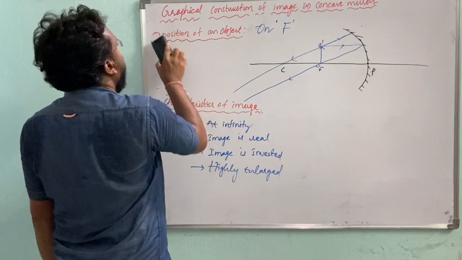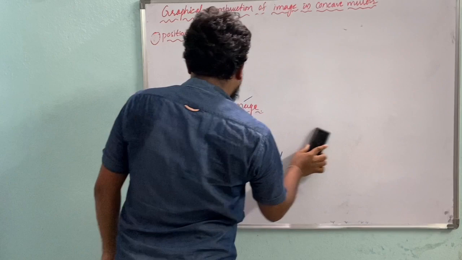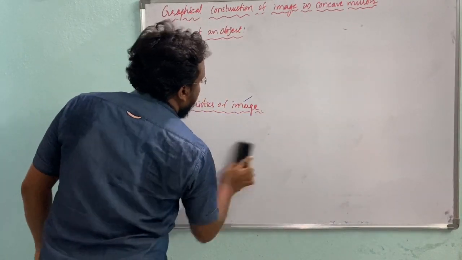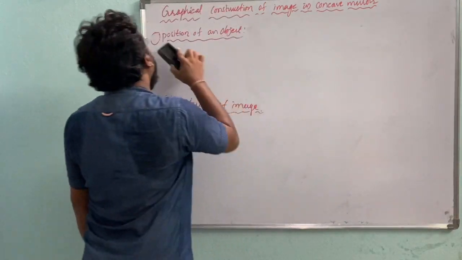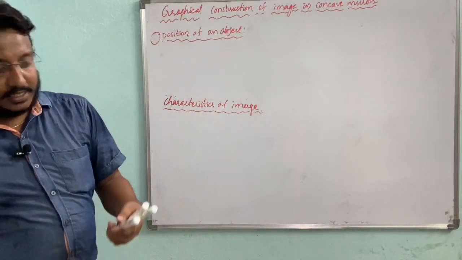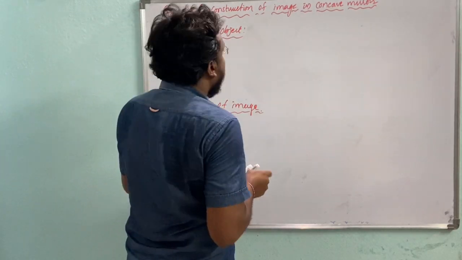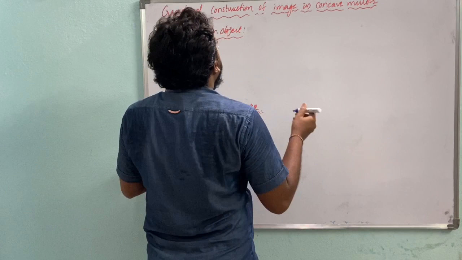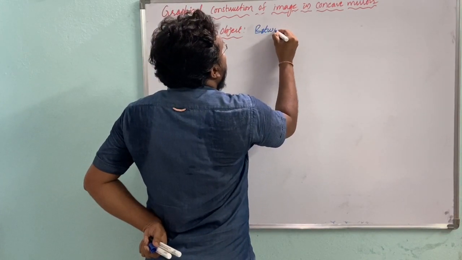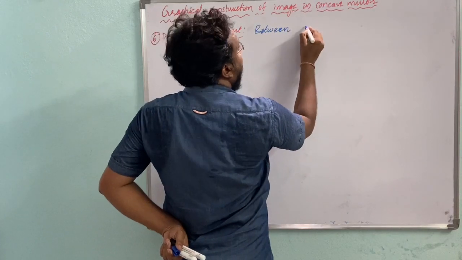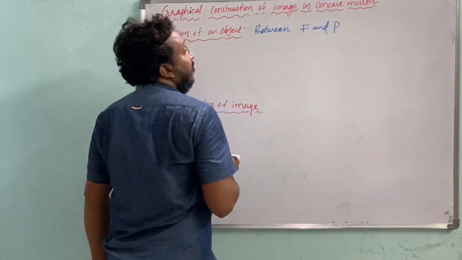Next, the sixth position, and the last one in concave mirrors. Now the object is at between F and P. F means focus, P means pole.